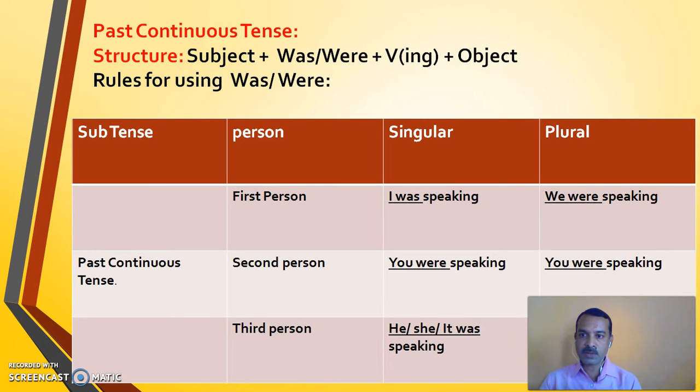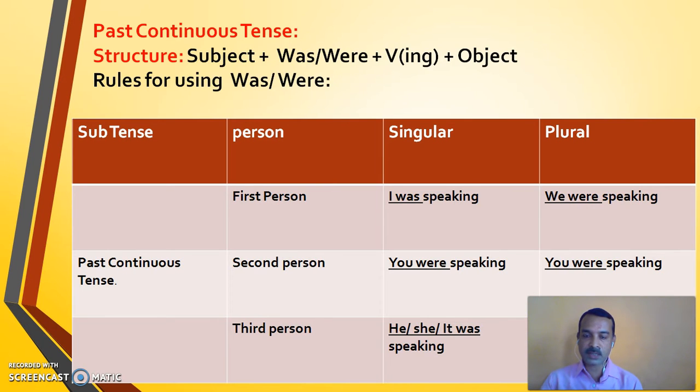At first we should take into account the structure of past continuous tense. The formula is subject plus was or were plus V-ing plus object.